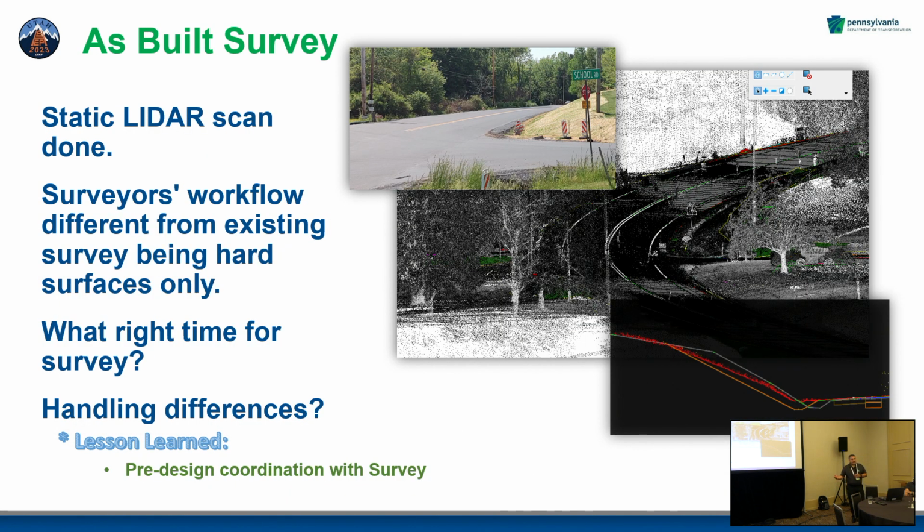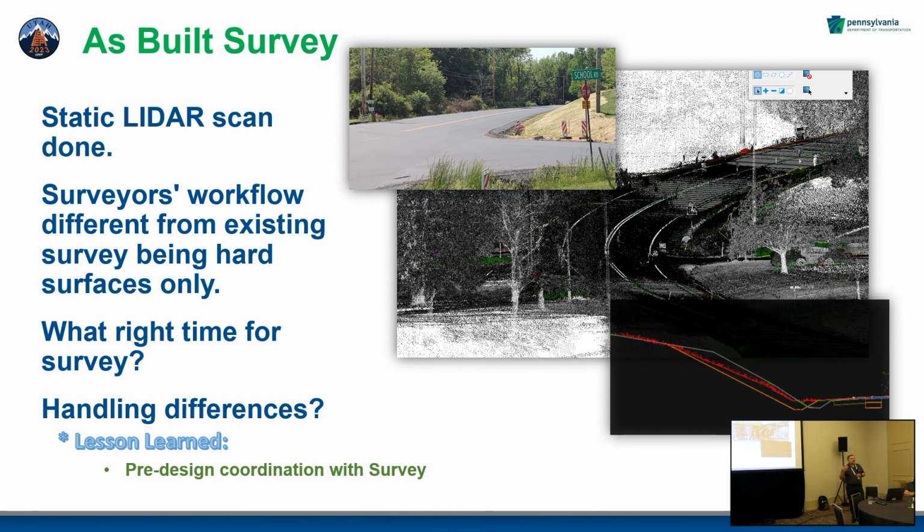As-built surveys. First pilot, we did a static LiDAR scan afterwards, trying to capture that information, to see how well they did. We did it internally. Our surveyors are used to LiDAR with traditional, but they're picking up that roadway because we weren't concerned about the stuff outside the roadway. They had to rethink that.